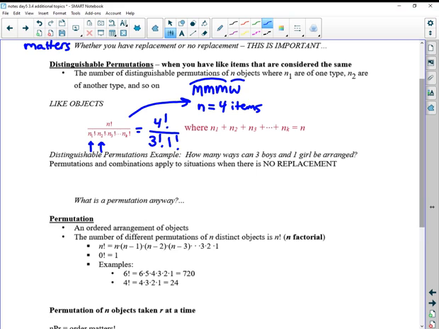Okay, what does a factorial mean? 4 factorial is going to mean 4 times 3 times 2 times 1 over, now we have a 3 factorial, that's 3 times 2 times 1.